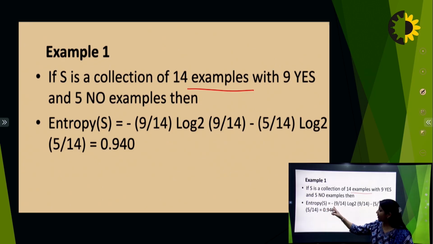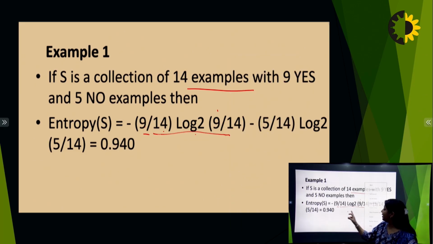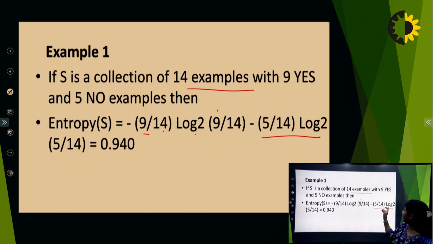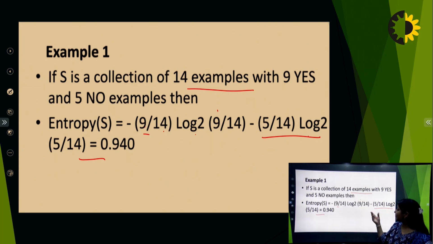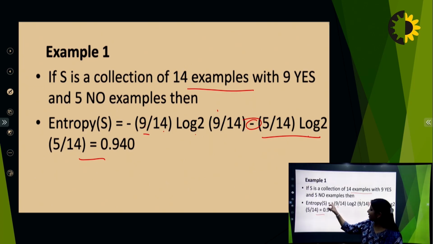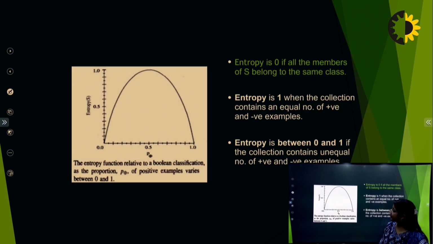So the entropy of the entire data set will be minus 9 by 14 log 2 of 9 by 14 for the positive case, and for the negative case, out of 14, 5 is no, so minus 5 by 14 log 5 by 14. This is minus and this is also minus, so they get added and we get the value 0.94. So entropy will be 0.94 for this case. This is how we calculate it.